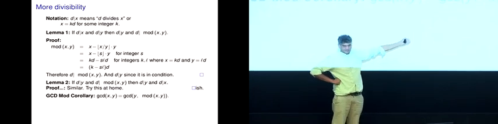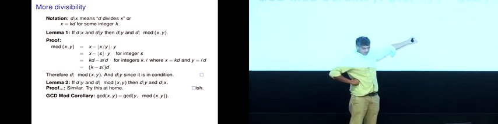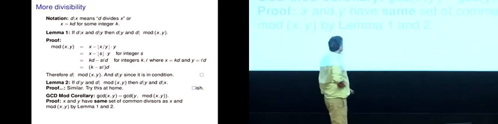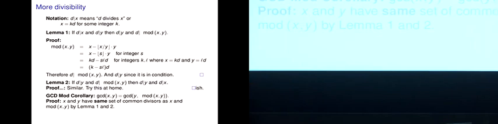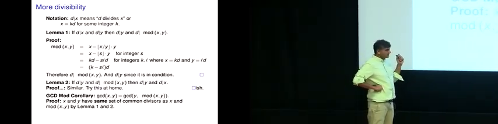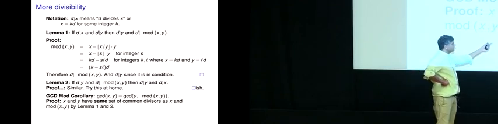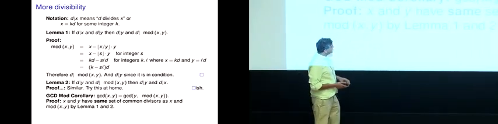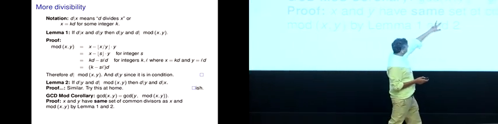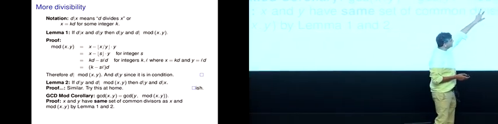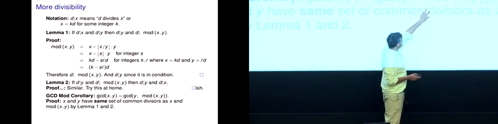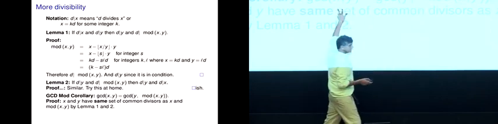This is a recursive procedure. Is that clear? The idea is that x and y have the same set of common divisors as y and mod xy by lemmas 1 and 2. So anything that divides x and y also divides y and mod xy. Anything that divides y and mod xy divides x and y.